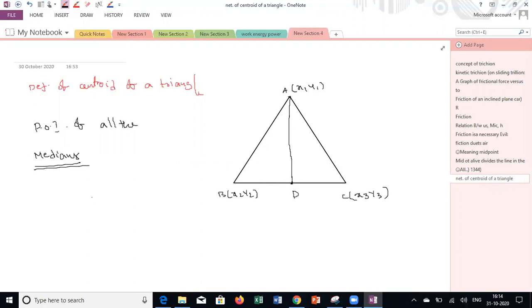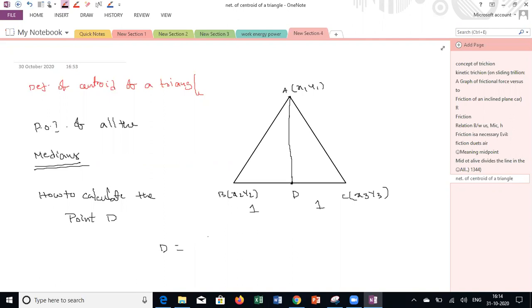First find out the D point. How to calculate the point D? Point D is dividing BC in 1:1 ratio.